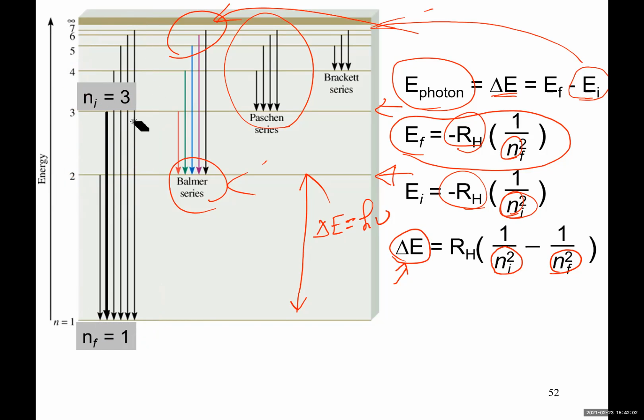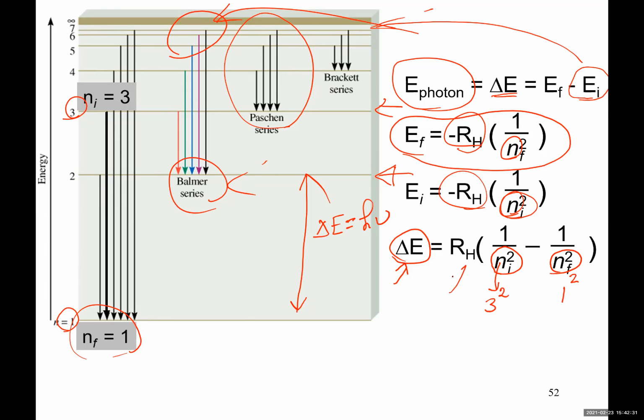And again, if electrons are dropping from the third level to the first energy level, your Ni is equal to 3. So how do I write this formula? I enter 3 here. 3 squared, which is 9. And if it is dropping to n equal to 1, Nf is 1 squared.